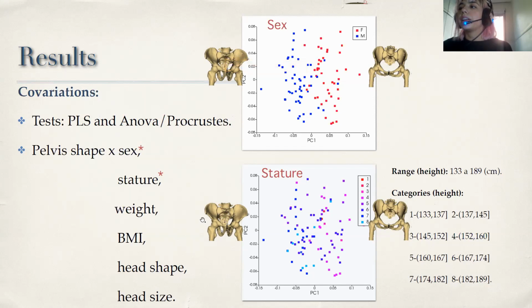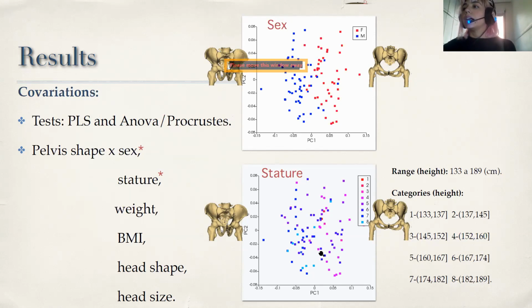But it called my attention that, as you can see in the chart below, where the sample is colored according to categories of stature, the shortest people tend to be on the right, while the tallest people tend to be on the left. So the shortest people are where women are concentrated, and the tallest people are where men are concentrated.